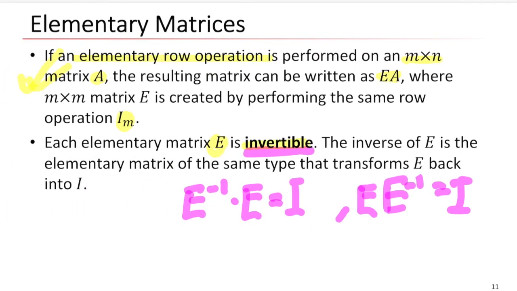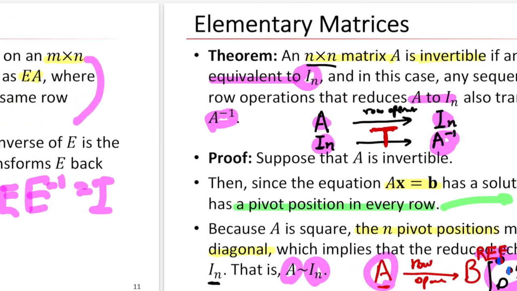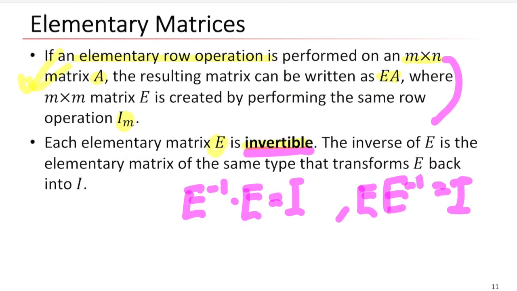Okay, so what does it mean? What is the relationship between this theorem and this property? If an elementary row operation is performed on an m by n matrix A, the resulting matrix will be EA, where E is the m by m matrix created by performing the same operation on I_m.